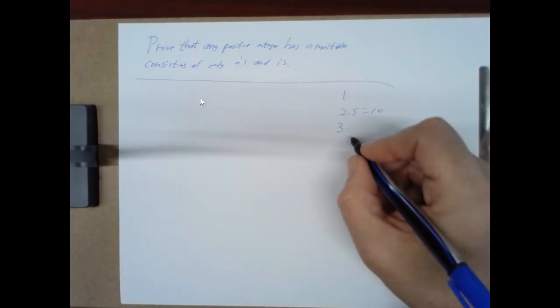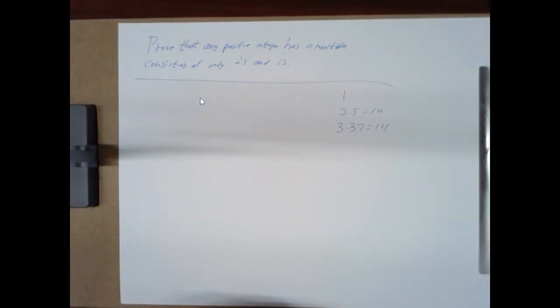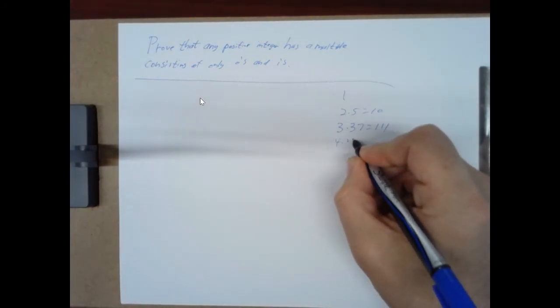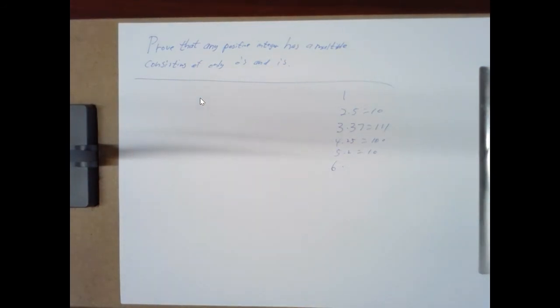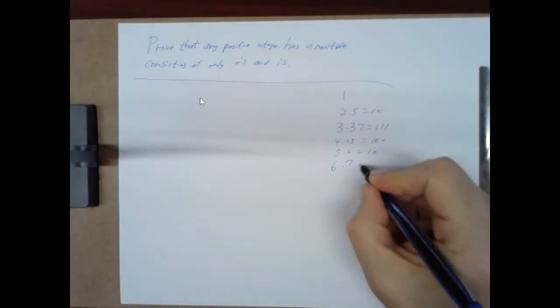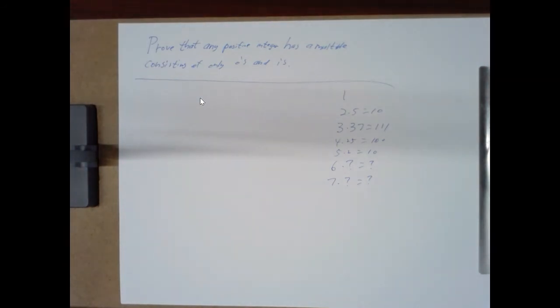Yeah, 3 goes into 111, however many times that is. 37 times 3 is 111. 4 times 25, 5 times 2, about 6. 7 should do something, but it starts to get a little hard to figure out what these things might be once we get past the first few cases. But nonetheless, we can prove this. This is true.